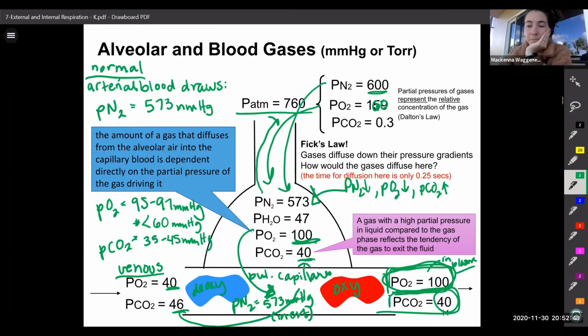CO2. Why the CO2? Because they both technically can be used as signals, but why the CO2? Aren't there receptors, central receptors focused on CO2 pressure, and oxygen pressure doesn't make a difference until it's really low? Exactly. Say that again one more time, McKenna. Sure.